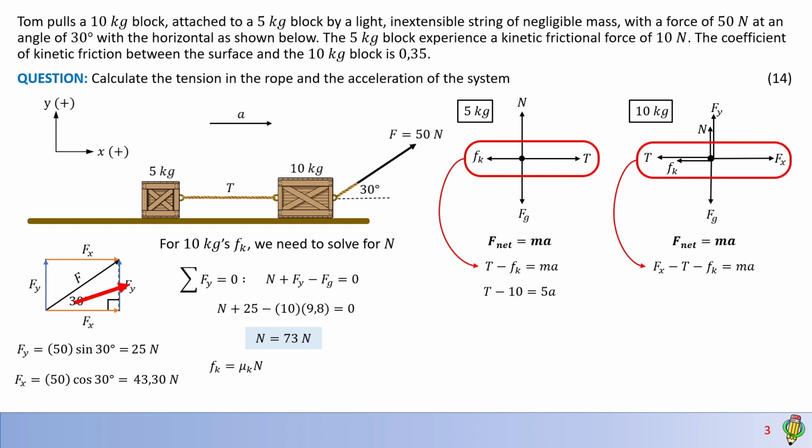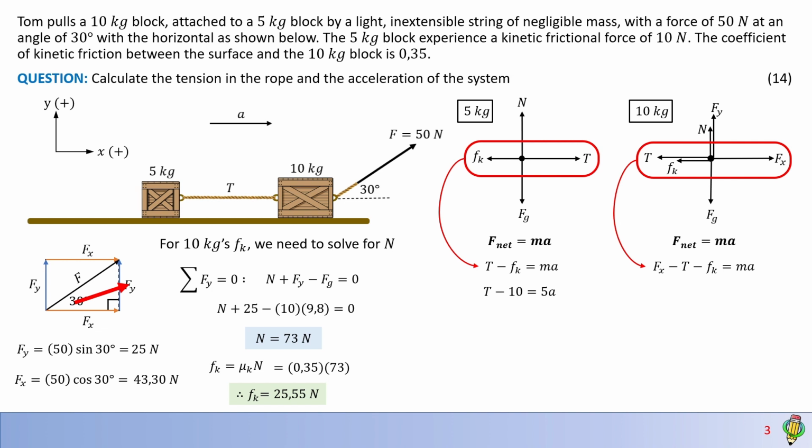Now we can use the formula for Fk, which says Fk equals mu k multiplied by the normal force. So we know our mu k was given to be 0.35 multiplied by our normal force, which we just calculated to be 73 newtons. If we do that in our calculators, we get 25.55 newtons for the kinetic frictional force acting on the 10 kg block.